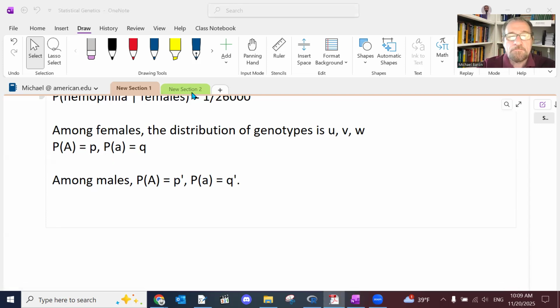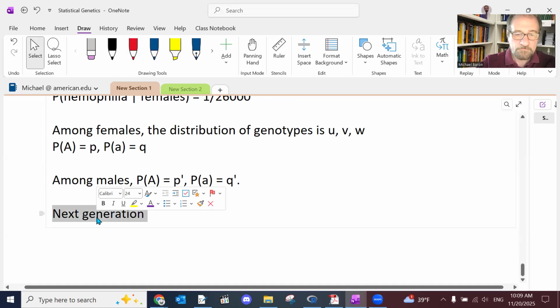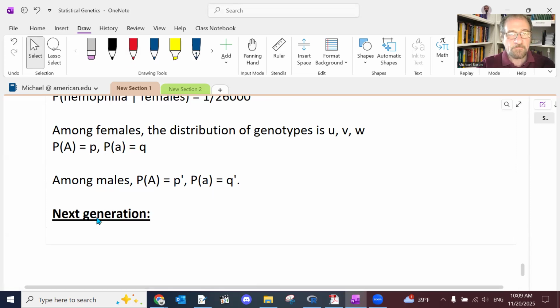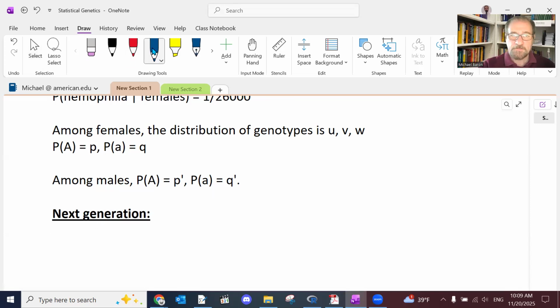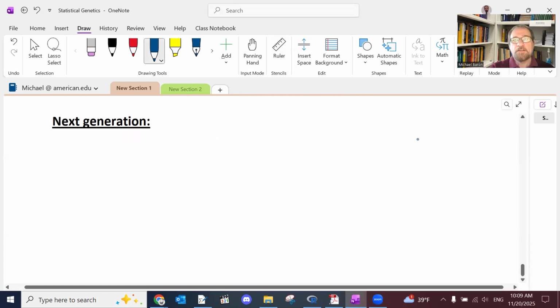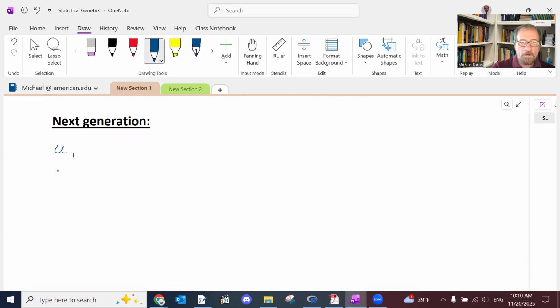Okay, now let's try to go to the next generation. What will happen in the next generation? Okay, let's now take our pen and calculate. So in the next generation, what will be the proportion of U1, both genes dominant, V1, one of each, and W1, both genes recessive.